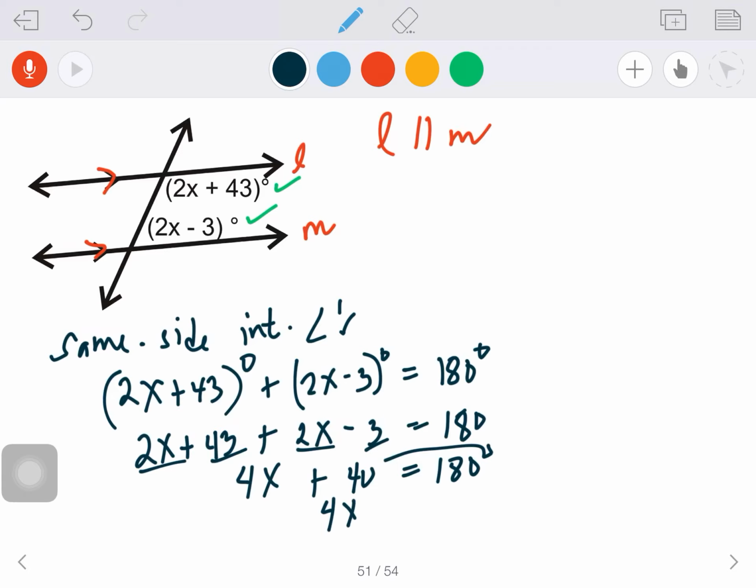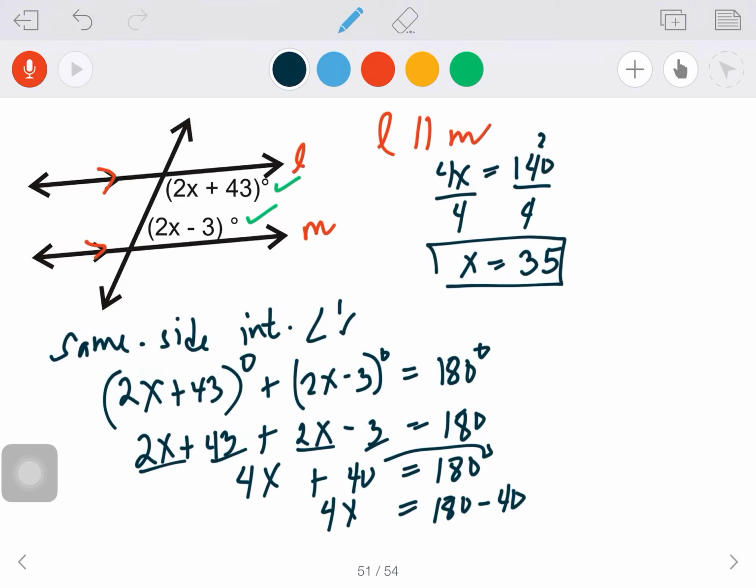You have 4x equals 180 minus 40, which gives us 4x equals 140. Then we divide this by 4. So that would be x equals, so 14 divided by 4 is 3. That would mean that there's a remainder of 2. 20 divided by 4 is 5. X is equal to 35.